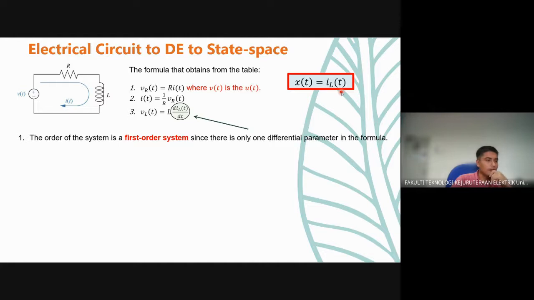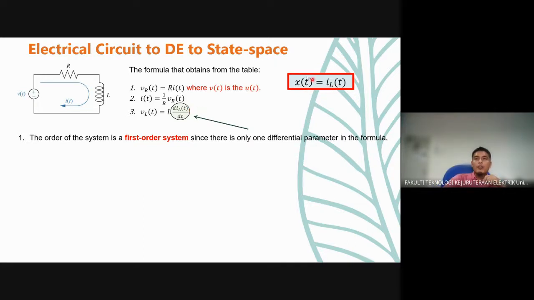Okay, so Roslyn said that because xt equal to dx over dt, the derivative. That's correct. So that's why we name xt equal to ilt, based on the differential parameter here. Thank you, Rashid, and also Roslyn for the answer.